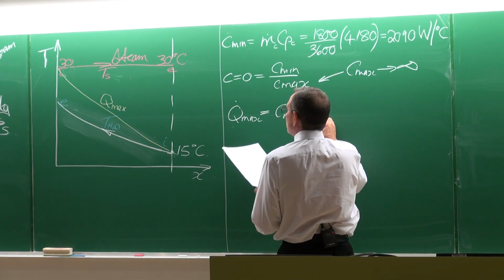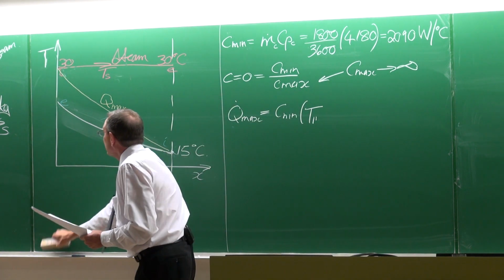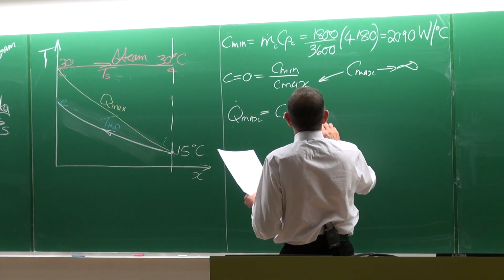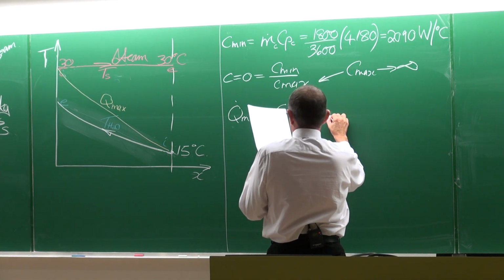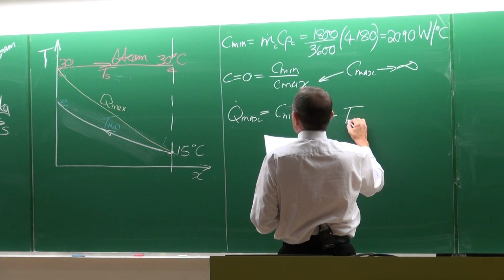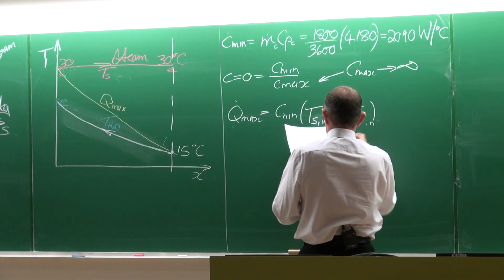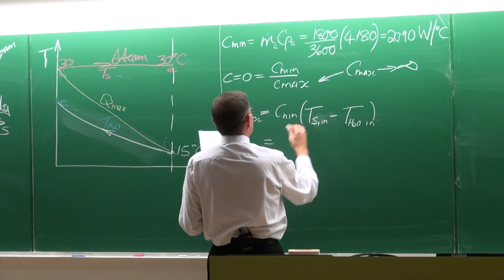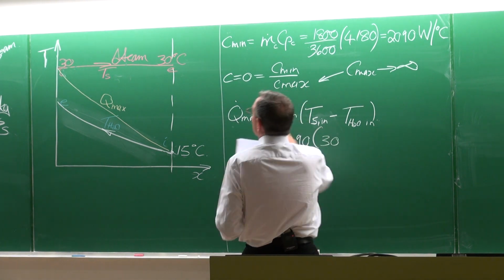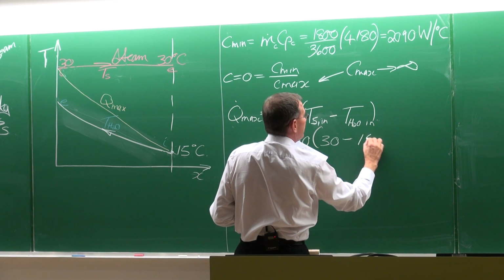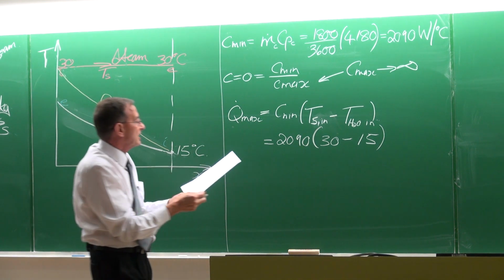Therefore, it would be equal to, let's call it, the temperature of the steam inlet minus the temperature of the water in. So C minimum is 2090, and the temperature difference is 30 minus 15, the maximum possible temperature difference that the heat exchanger can give you.